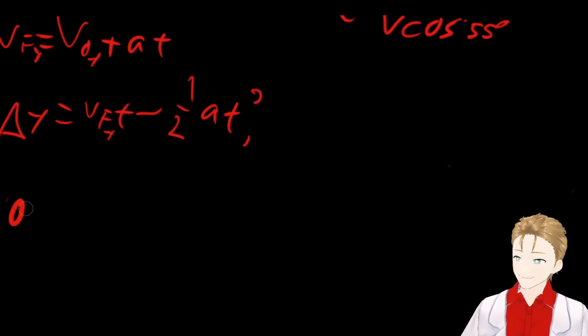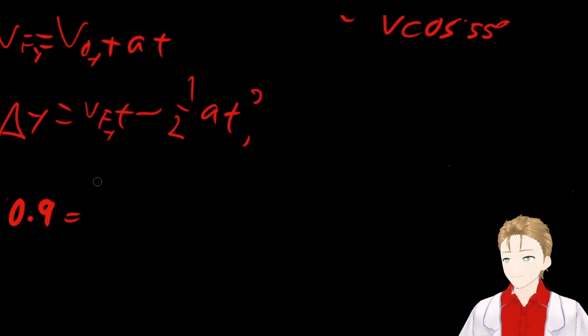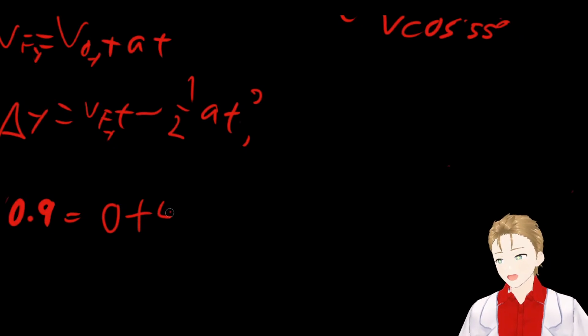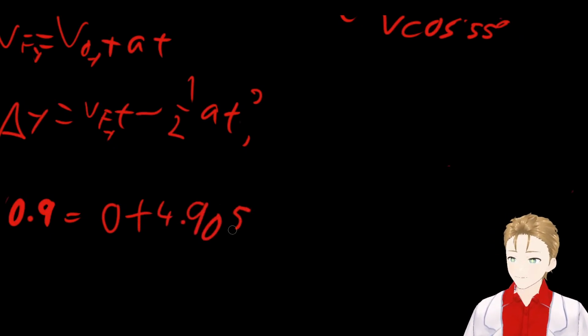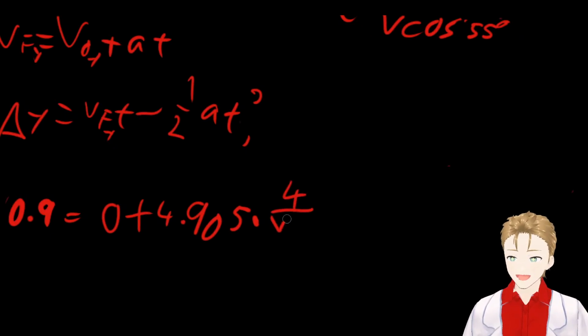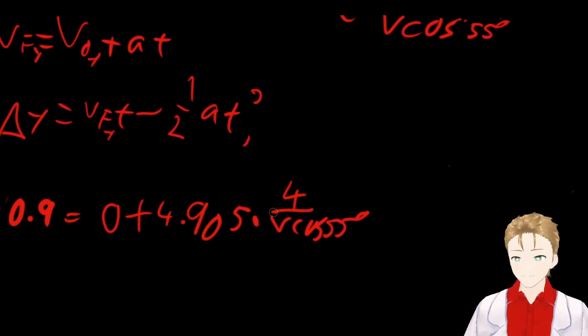So let's go back to 0.9. 0 plus 1/2 of 4.905 times, what was it? 4 over v cosine 55 degrees.